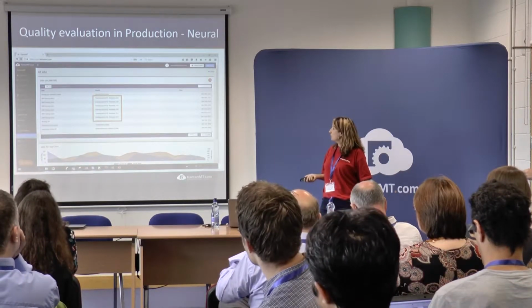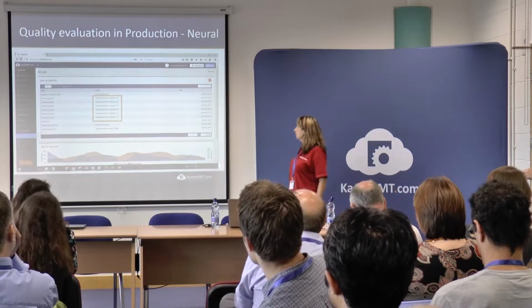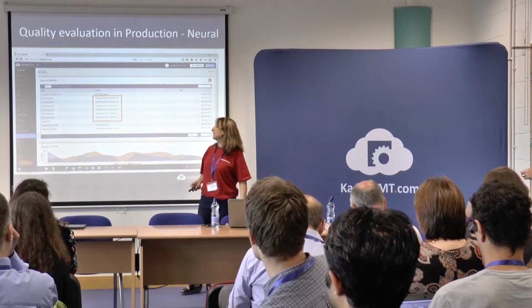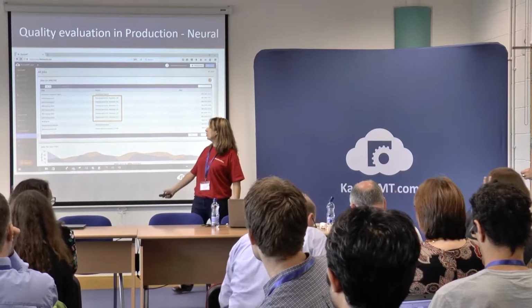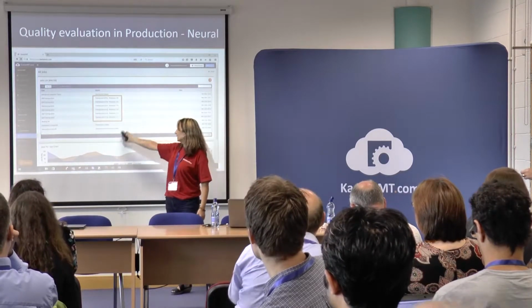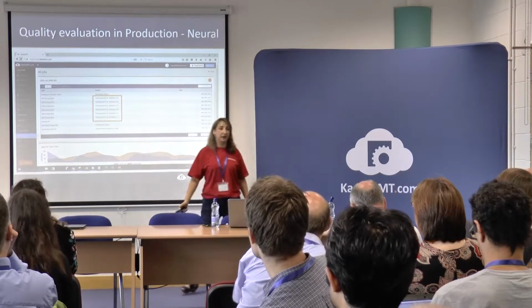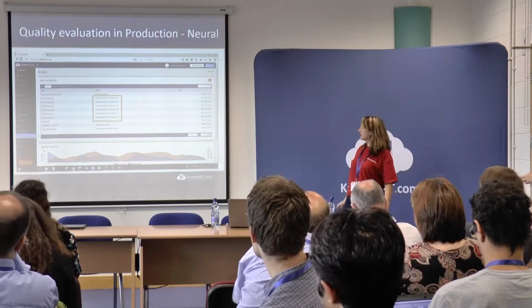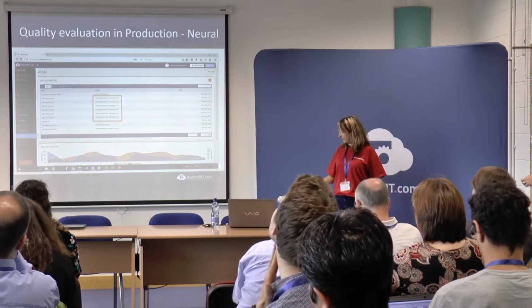Here's another visualization of what our professional services and Kantan Labs engineers look at when they work with NeuralMT engines, before deciding this is good, or no, let's keep it cooking.